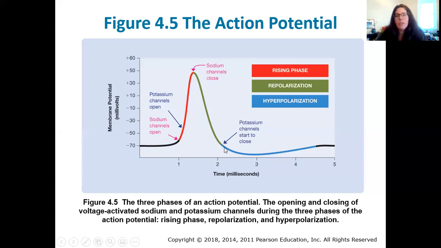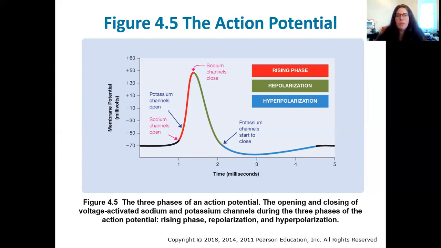Now, after these channels close, and they still have this little gap, some more potassium is flowing out. Now you have the sodium potassium pump that's going to restore the cell to negative 70 millivolts. Again, it's going to bring sodium out, 3 ions, and replace it with 2 potassium. 3 out, 2 potassium in.